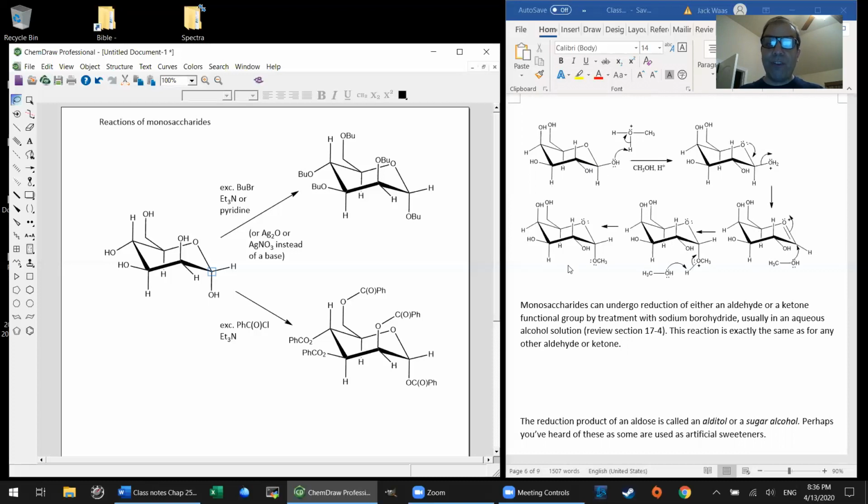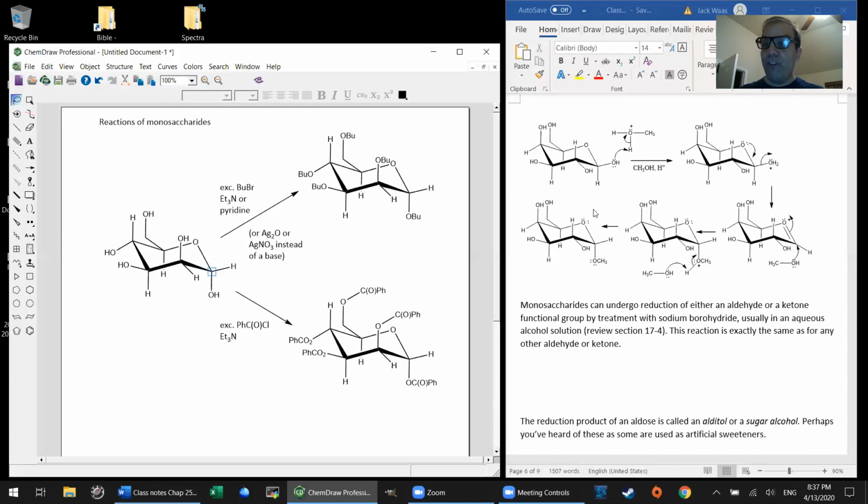Now, you'll notice that we are given as a final product the methoxy being down. So you'll need to look at what you're given and account for that in your mechanism. So we'll have to have our methanol here attack from the bottom face of the molecule. If the methoxy had been up, or in other words, if it had been beta, then we would have our methanol attack from the top side of the molecule.